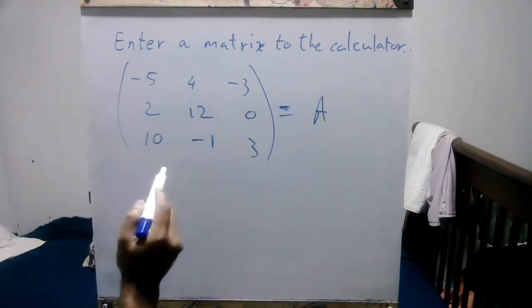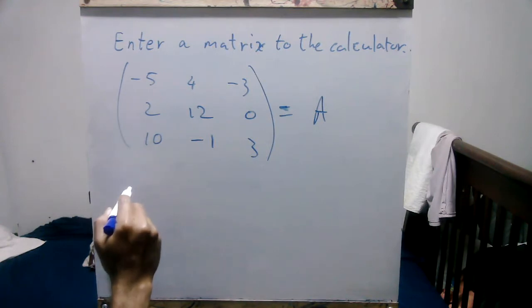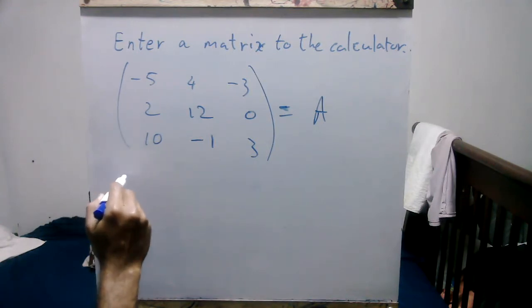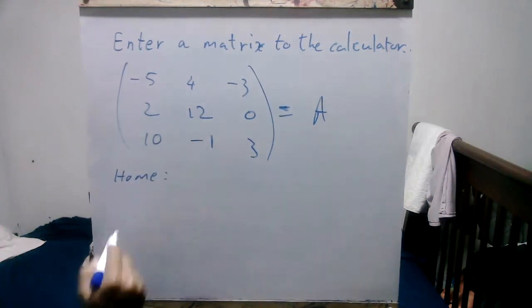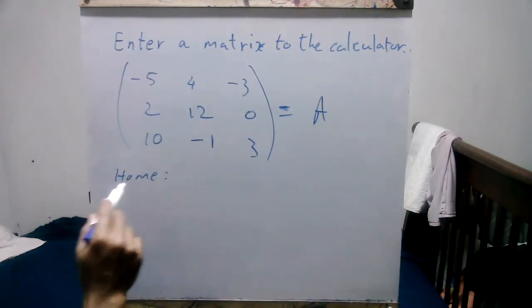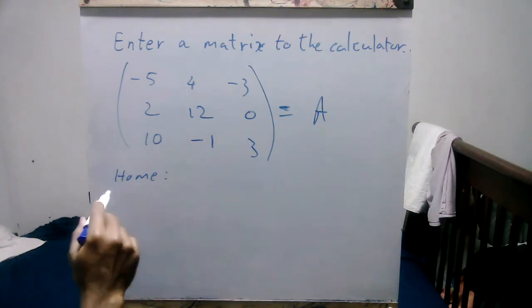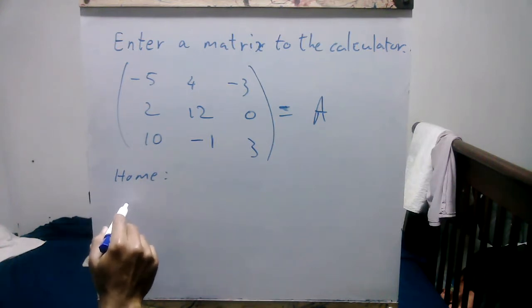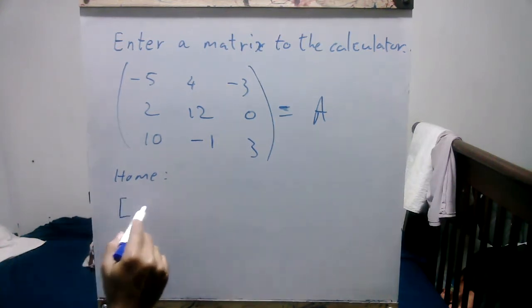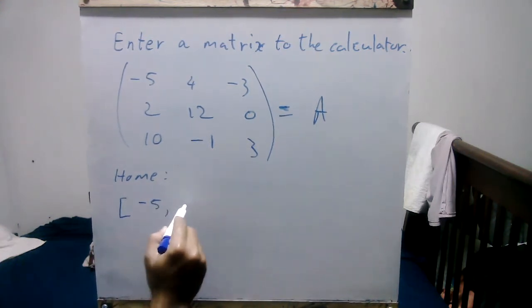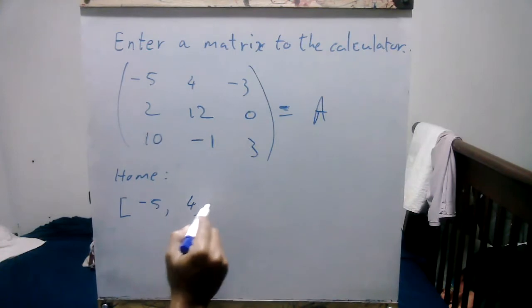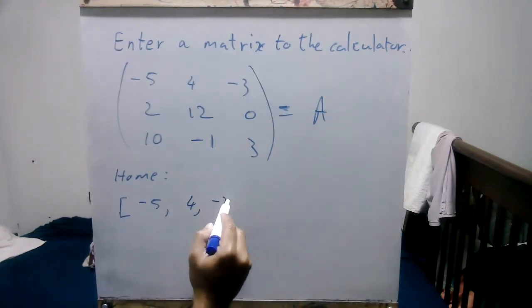When you are entering, go to the home page, then go to the home menu, then enter this square bracket: -5, 4, -3.